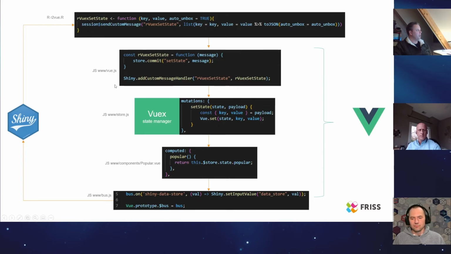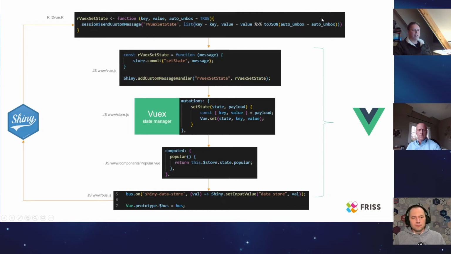For each function, I tell you where I put it and if it's R or JavaScript. So you have Shiny. It will call on demand, with regular Shiny stuff, a function which is called our Vuex set state. What this function does is it will send a custom message under this name, and it will put some JavaScript in it.